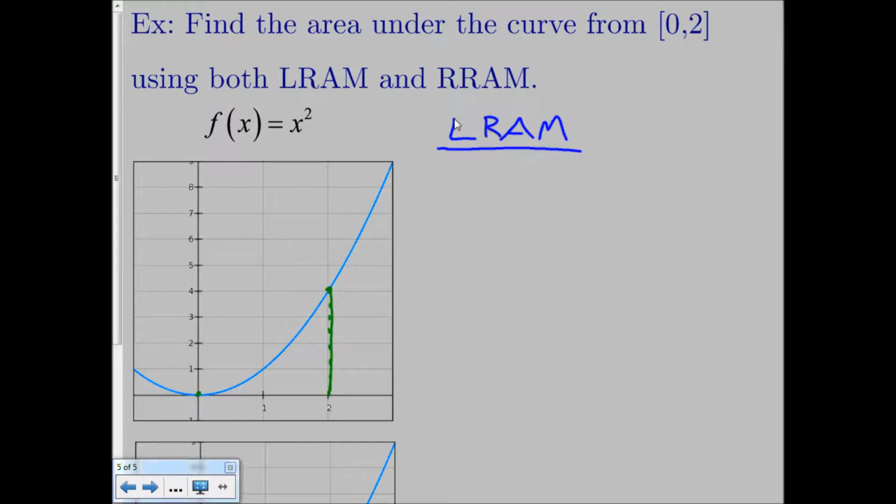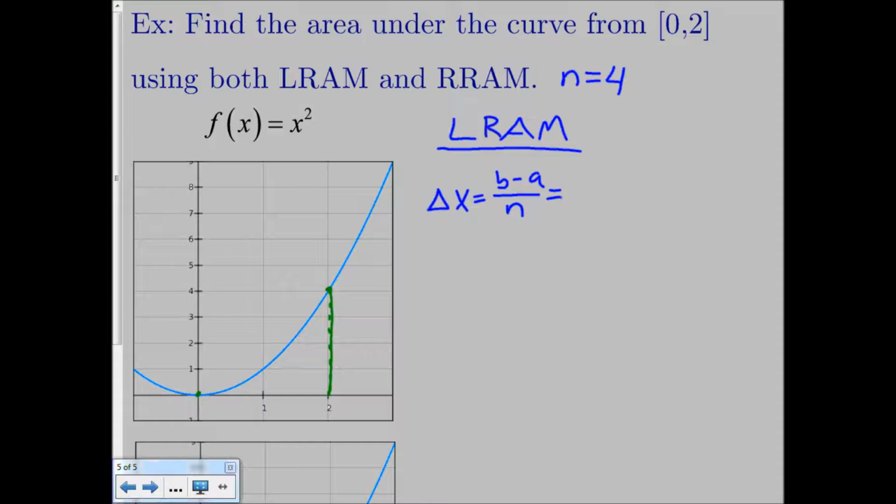And so if we're going to do LRAM first, the first thing you always want to do for your sums is split it up. The problem, I didn't write how many rectangles to use, but let's use n equals 4. The problem will usually tell you how many rectangles you want to use. So the first thing you always want to find is delta x. Delta x is always just b minus a over n.